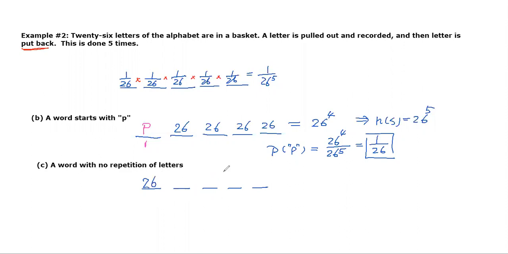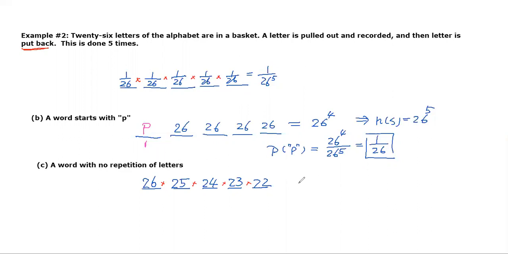If you choose P, then the next one cannot be P, so how many do I have? 25. Then 24, then 23, then 22, right? Because the first one and the second one and the third one and the fourth one cannot be the same, that means no repetitions here.